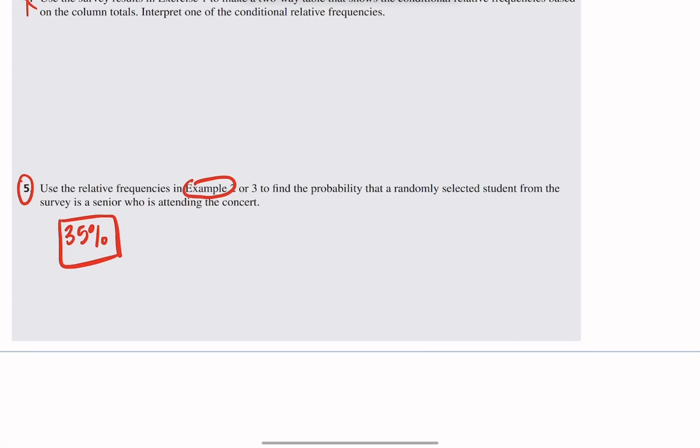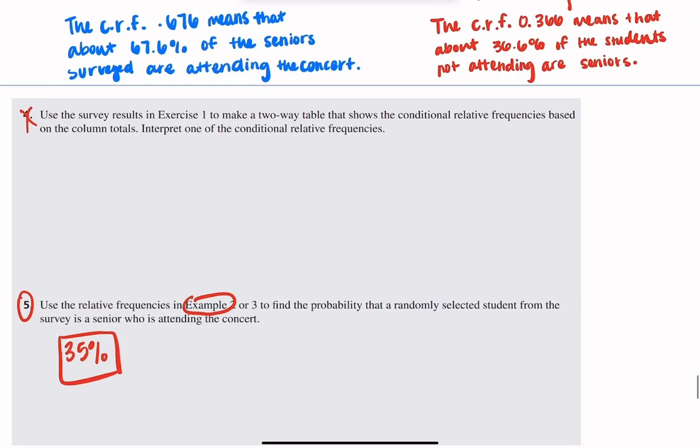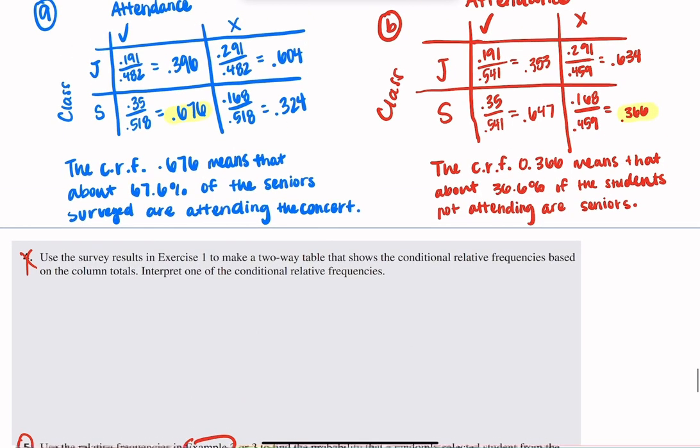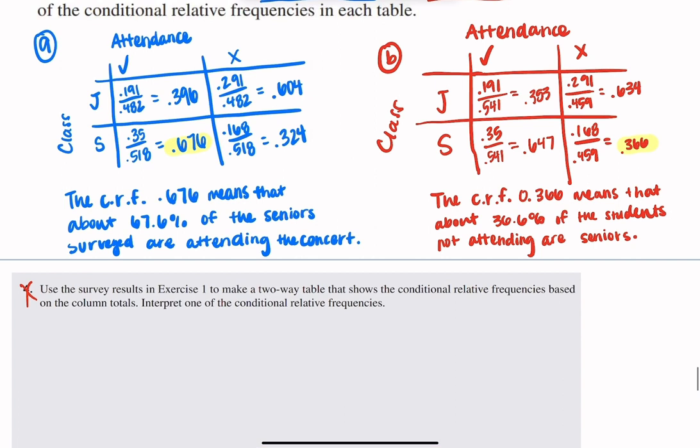So use example 2. The one reason I would not use example 3 is because this is telling you given, like it's saying this is the probability that you have a senior given that they are attending.